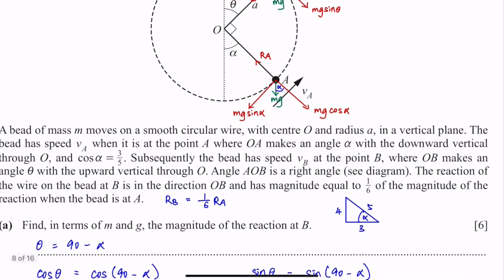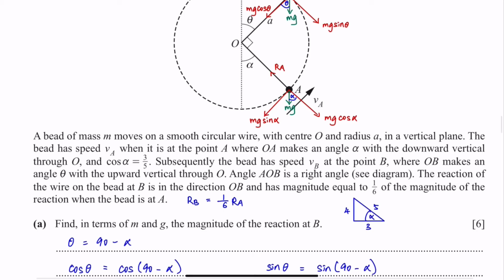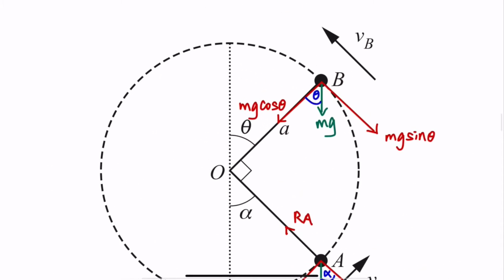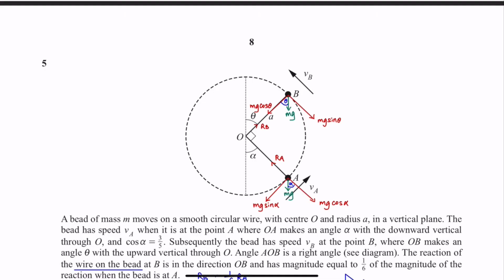The question states that the reaction of the wire on the bead, that means the reaction has a direction like this. It's going from the wire to the bead. So it's in this direction.